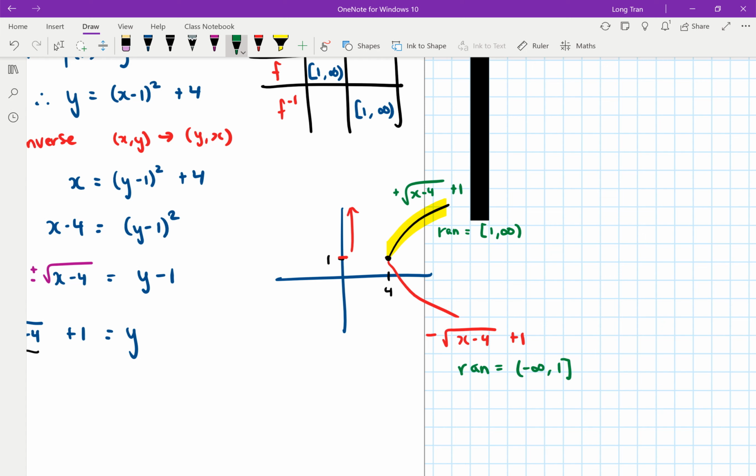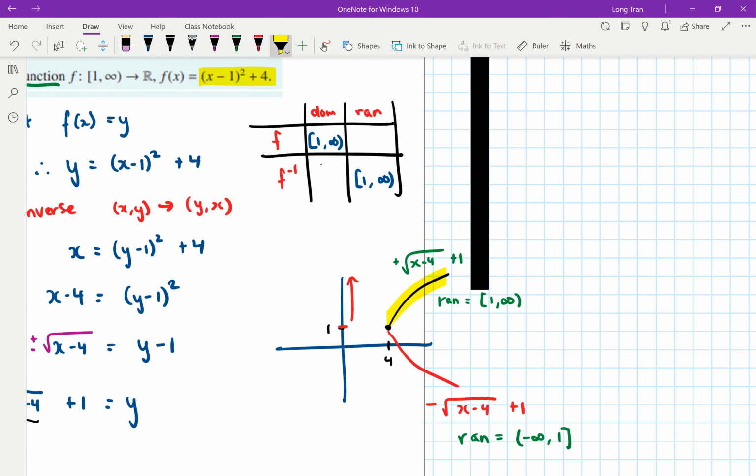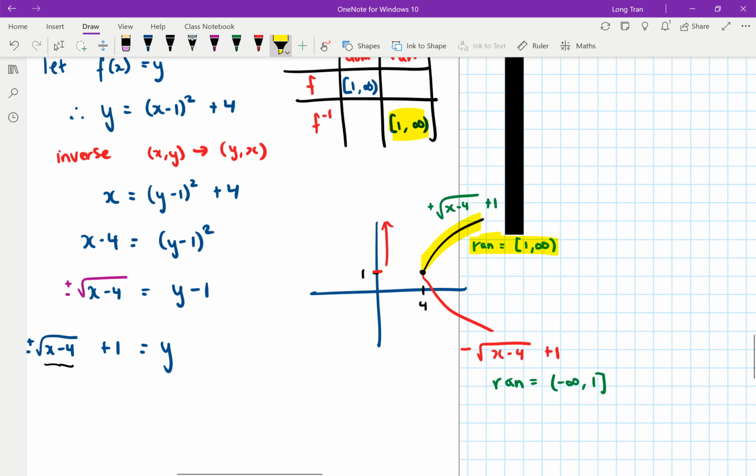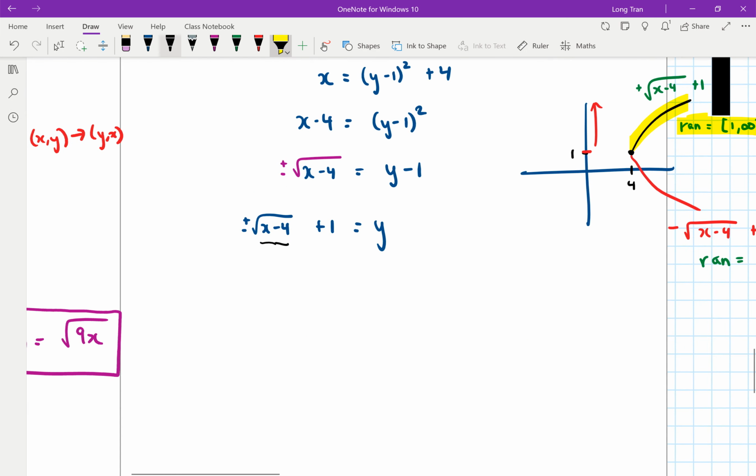So out of the two, which one fits? Clearly, when it says 1 to infinity, it has to be the positive version. So that's why I know, therefore, the inverse function has to be the positive version, root of x minus 4, and then plus 1.